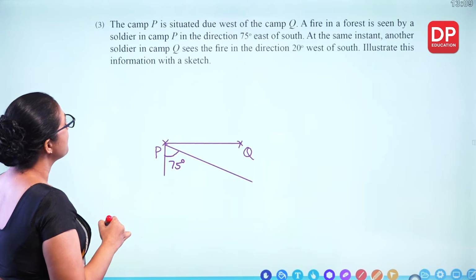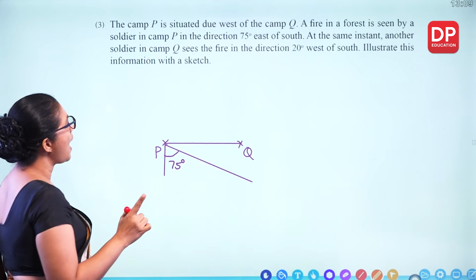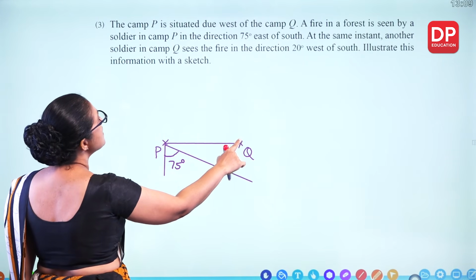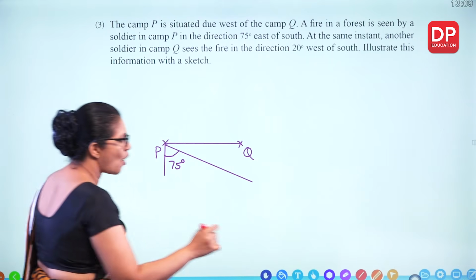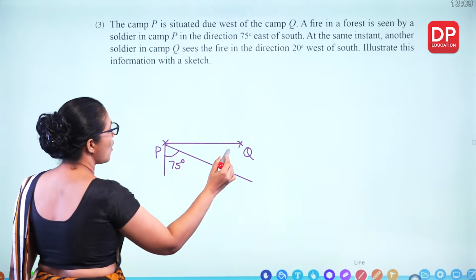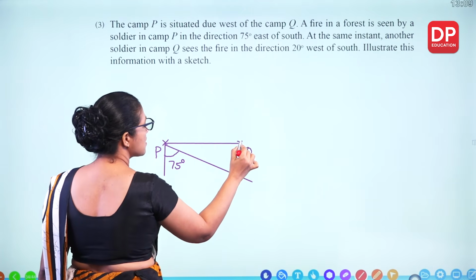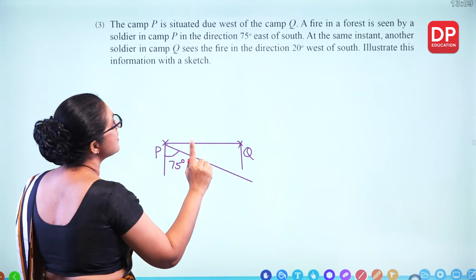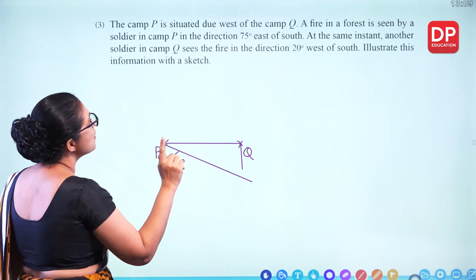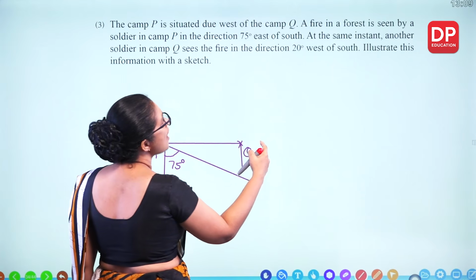east of south. At the same instant, another soldier in Camp Q sees the fire in the direction 20 degrees west of south. West and south. I'll mark south and west here. So what's the angle? 20 degrees west of south.